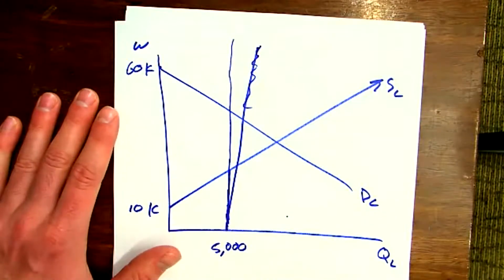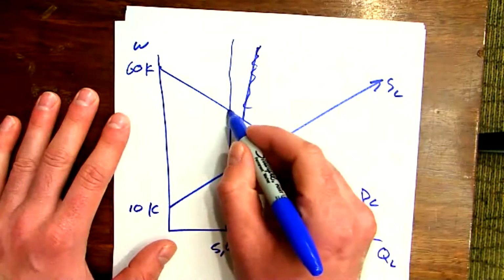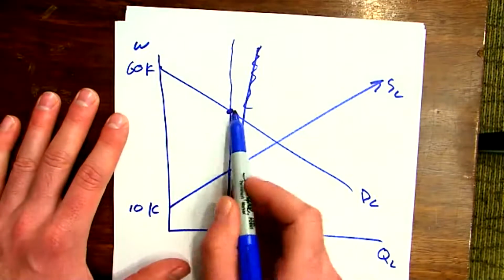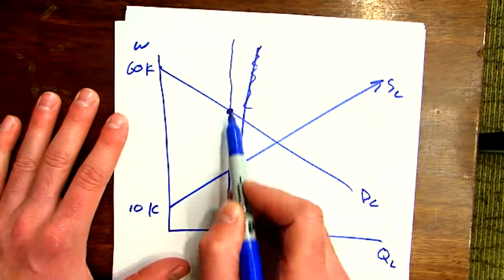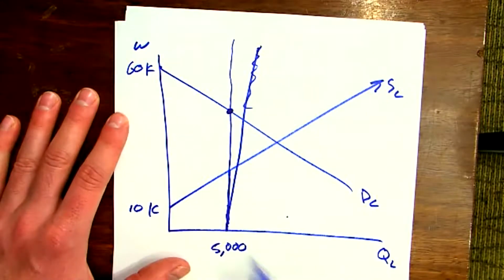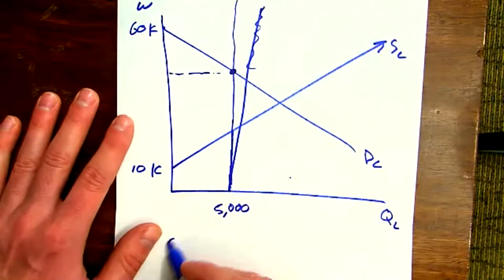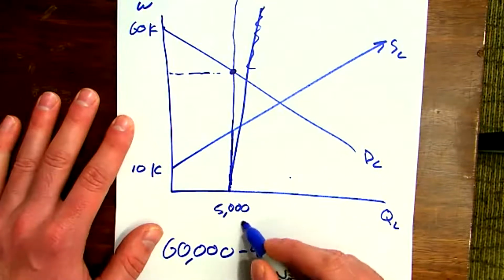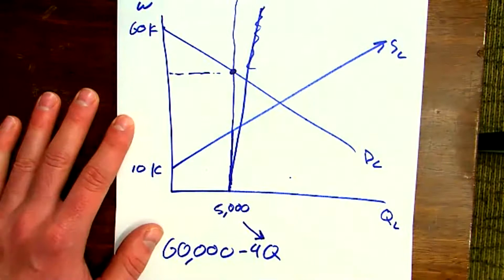Well, it has the same sort of effect because it's limited the number of players. And if they have this power now as a craft union, they know that at that quantity of labor, teams would be willing to pay up to that point in the demand curve. So now it's as simple as, okay, we'll just take that demand curve equation and plug in whatever the quantity we set our membership to, right?